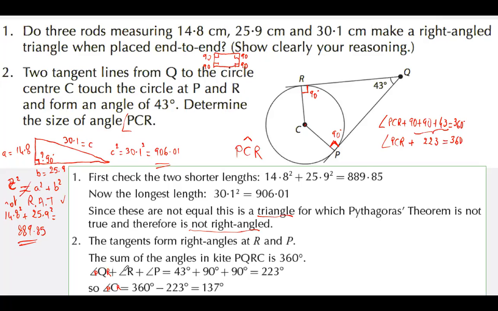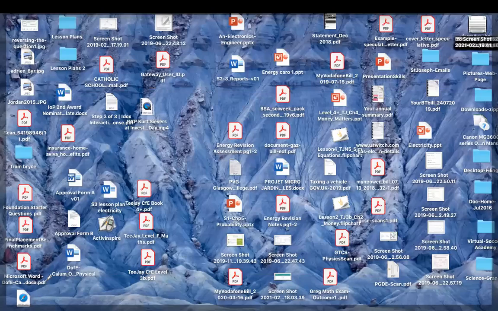So this is QRC, and the last one is CPQ. Use 3 letters to identify an angle, and the letter in the middle is where the angle is. So easy enough with angles.